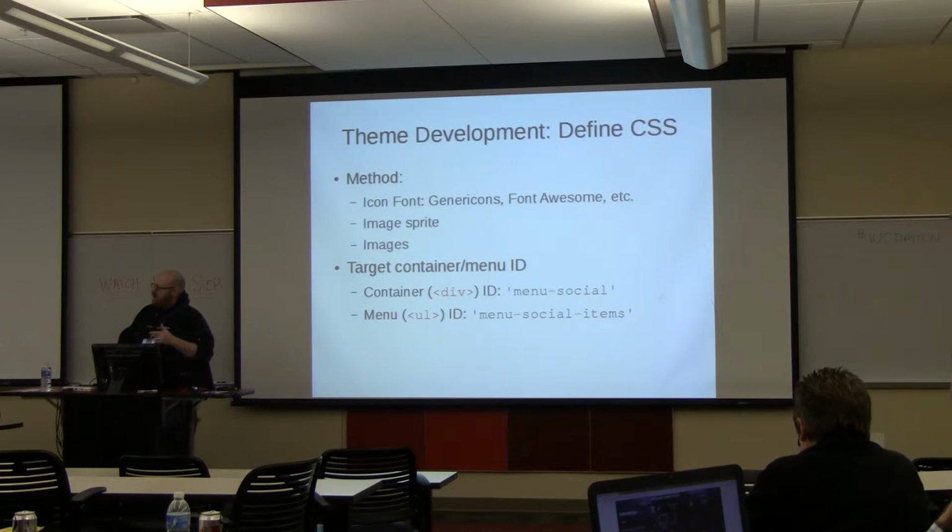So you can take that, and instead of using a background image in your CSS or an image sprite, you can simply tell it what character of the font to use. So it's a really clean way to add usually scalable images. That's usually a lot faster than using an image. So whatever method you use, this approach really supports any of them because all you're doing is defining CSS.